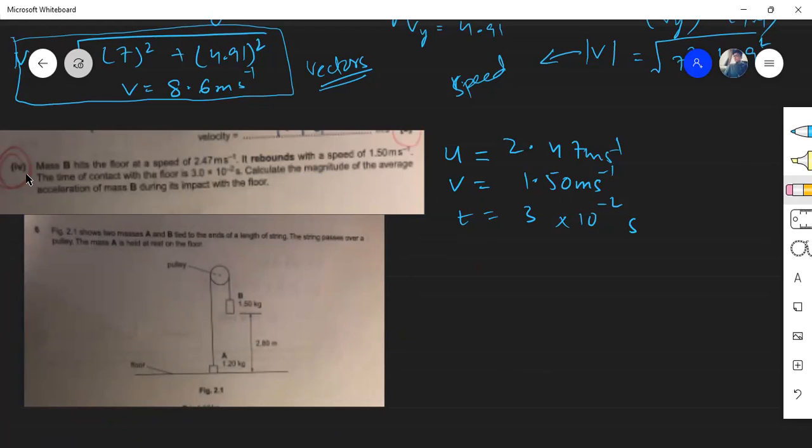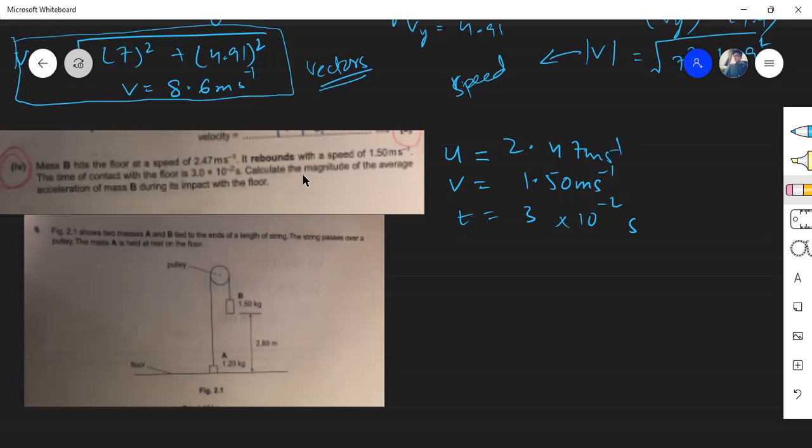And the part that you circled is part 4, which is that mass B hits the floor at the speed of 2.47 meter per second. It rebounds with a speed of 1.5 meter per second. So the initial velocity of B was 2.47 and the final velocity was 1.5, and you have to find the magnitude of the acceleration.